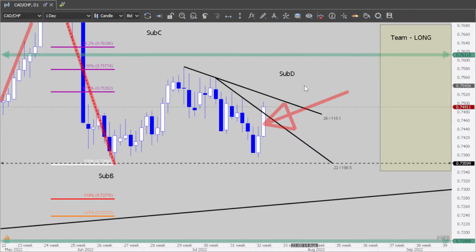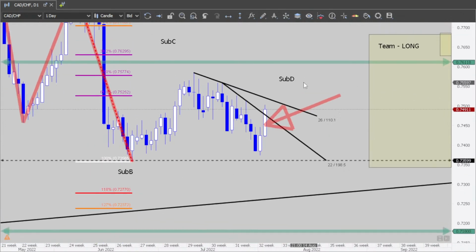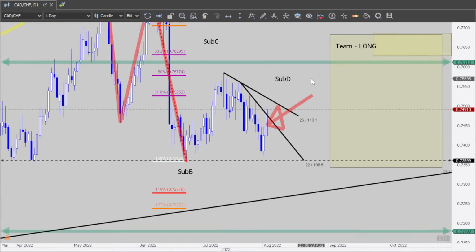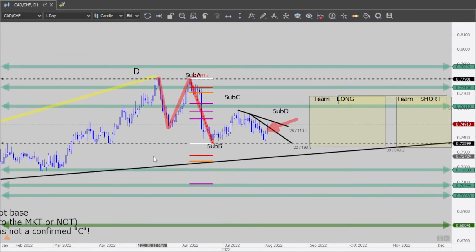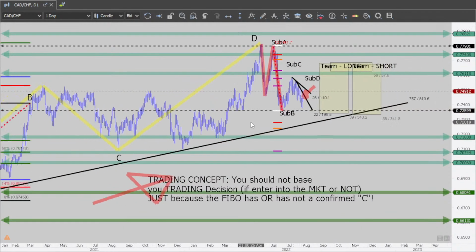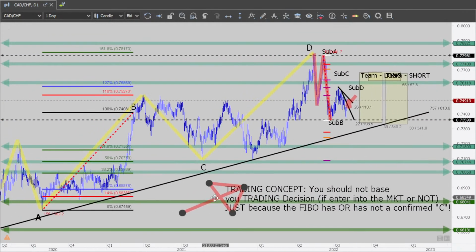Oh, but you told me that if the market doesn't have a confirmed C, this is a 50% rate. This stands. But the market is not moving just because of the Fibonacci, everybody. You need to understand and process all of this together.